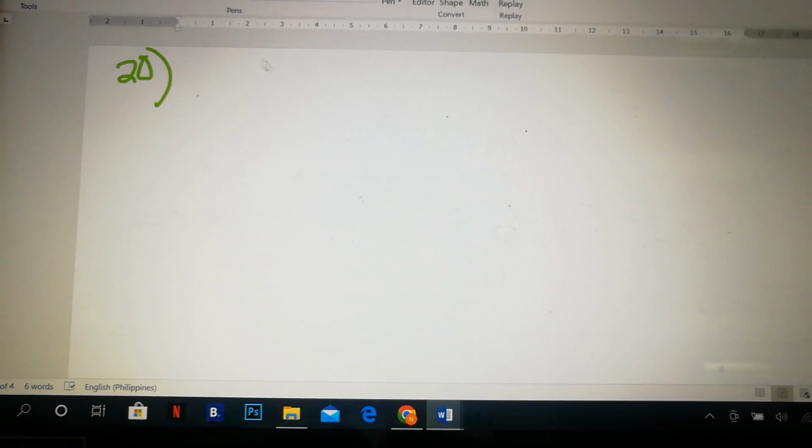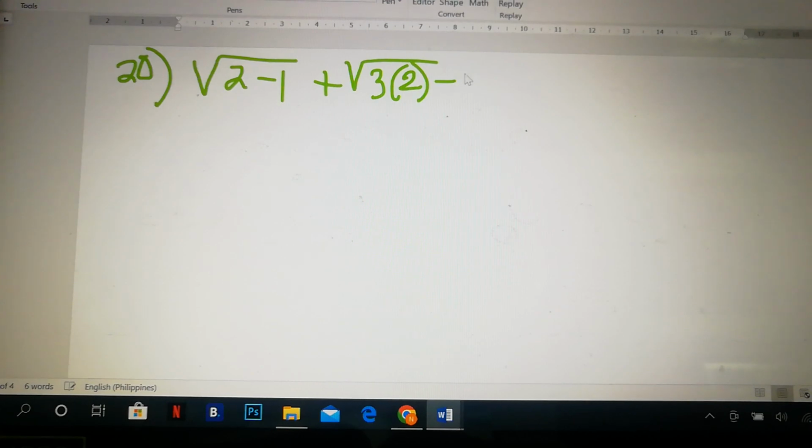So square root of 2 minus 1, replace x by 2, plus square root of 3x minus 5, so 3 times 2 minus 5, equal to 2. So square root of 1 plus square root of 6 minus 5, so equal to 1.